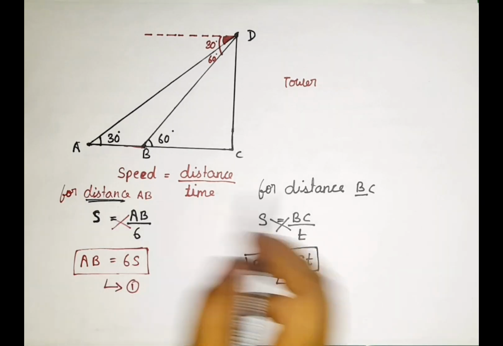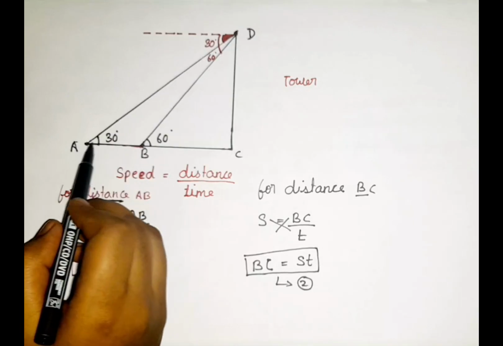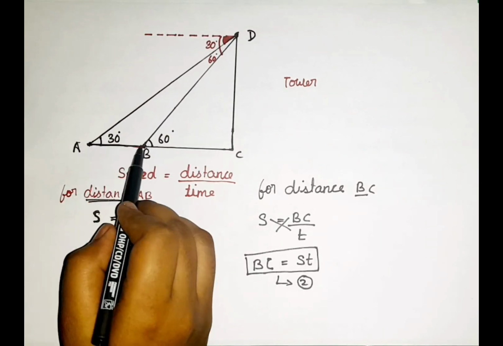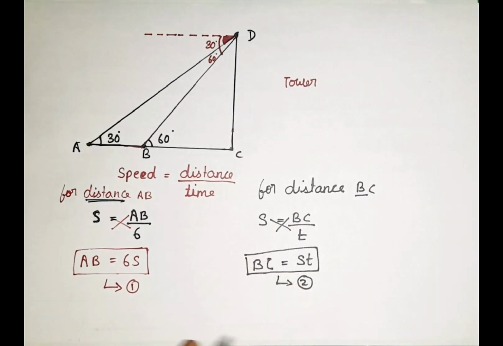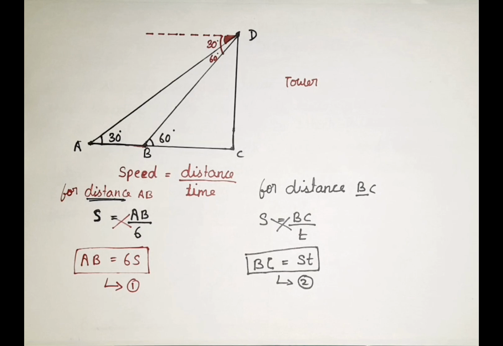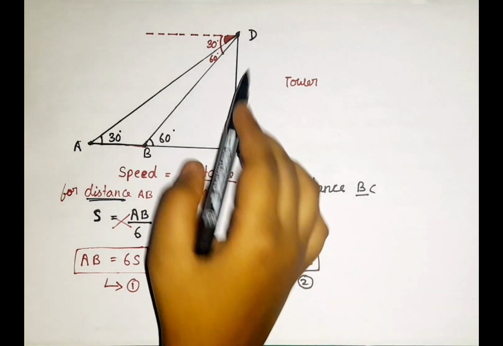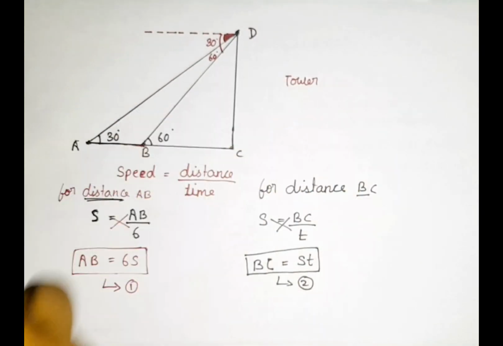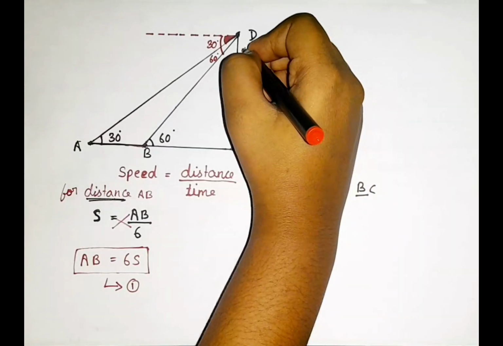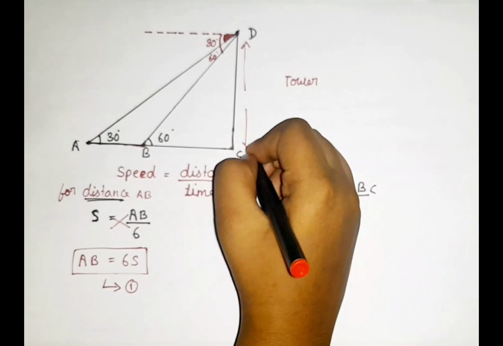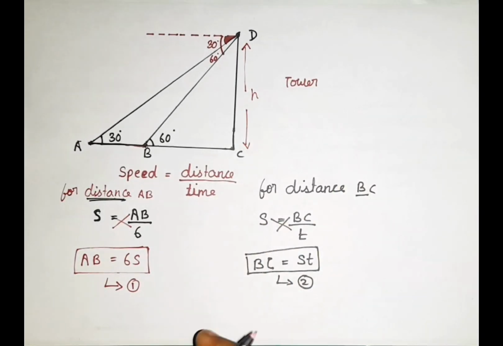Why did I take separate distances? Because the car traveled from here to here, and then again from here to here. That is the reason why I wrote it separately. Here we don't know the height of the tower as well, so let us take it as H.